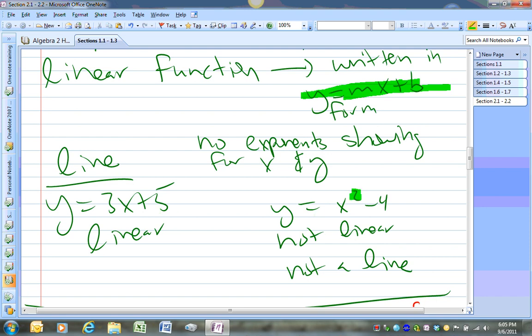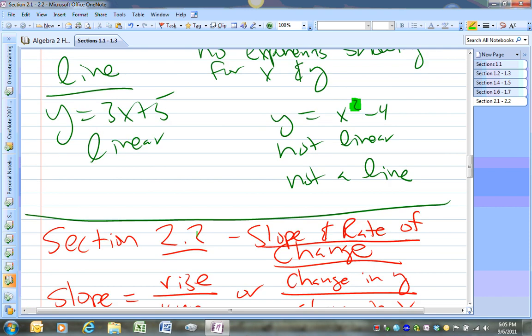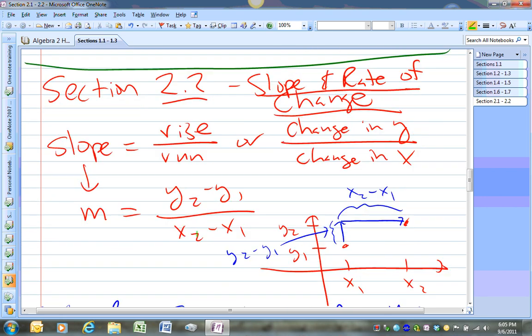This is not because of that right there. The x squared prevents this graph from being a line, therefore it's not linear, not a line. So that's section 2.1. Section 2.2 deals with slope and rate of change. That's a very important concept.